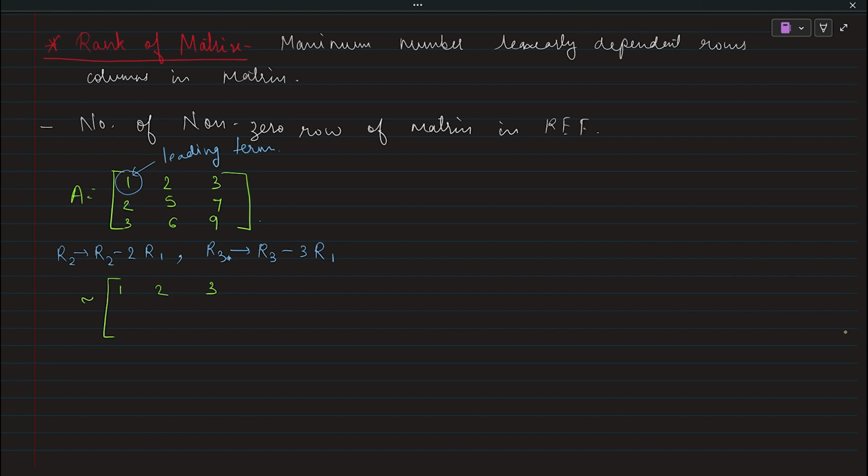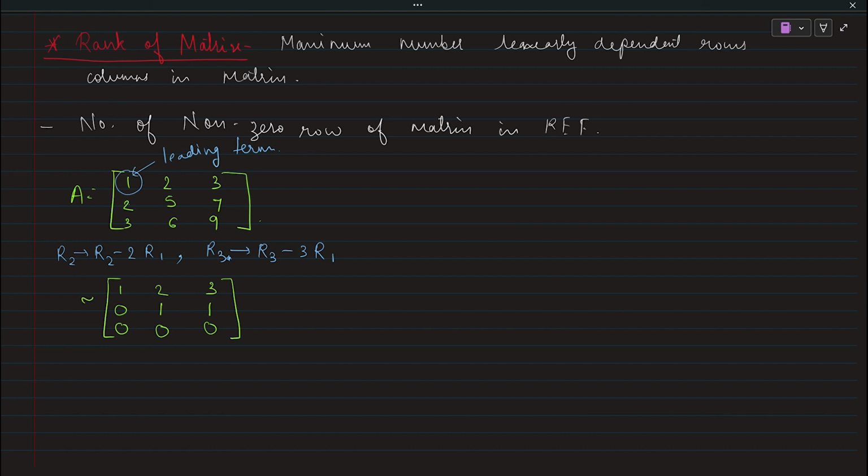Now 2 minus 2 is 0. 5 minus 4, that is 5 minus 2 into 2, that is 4. So 5 minus 4 is 1. 7 minus 6 is 1. 3 minus 3 is 0. 6 minus 6 is 0. 9 minus 9 is 0.